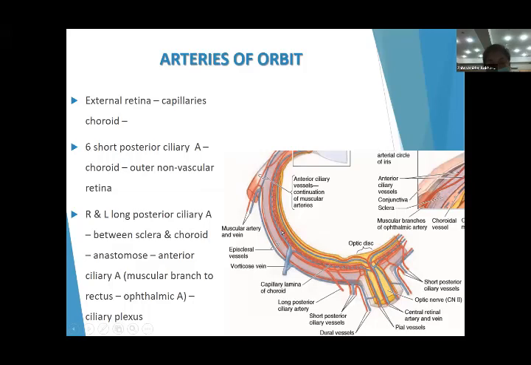vessels. Okay? Then posterior aspect पे you have about 8 ciliary arteries, posterior ciliary arteries. Okay?